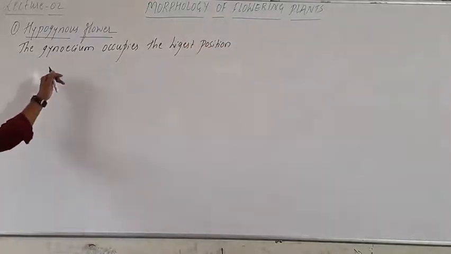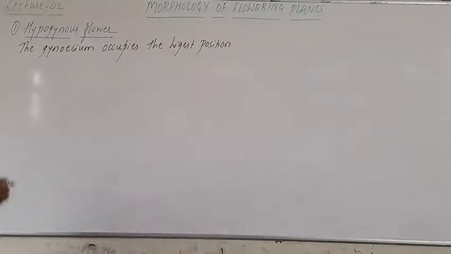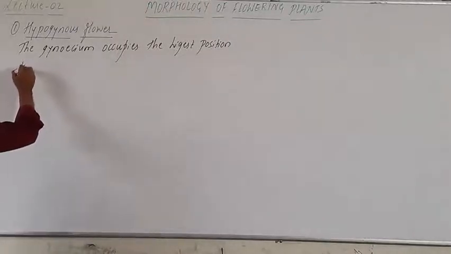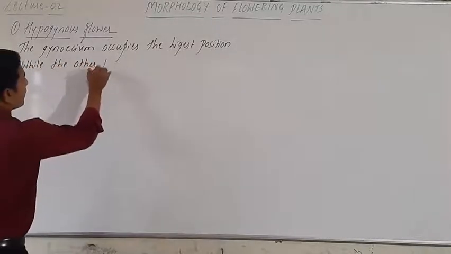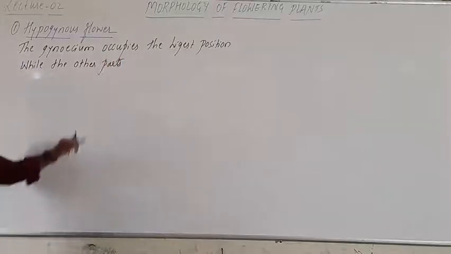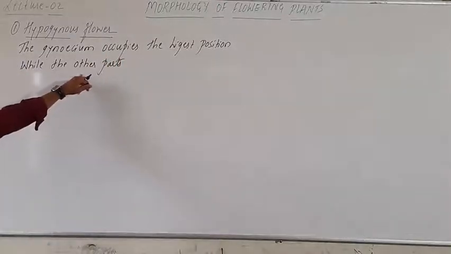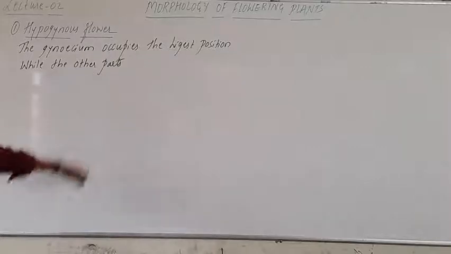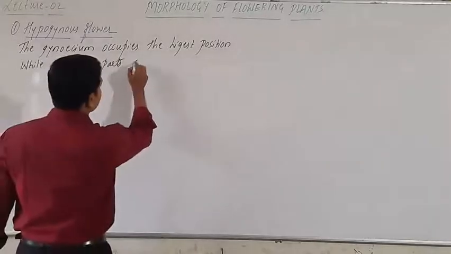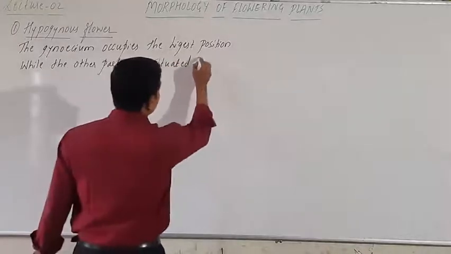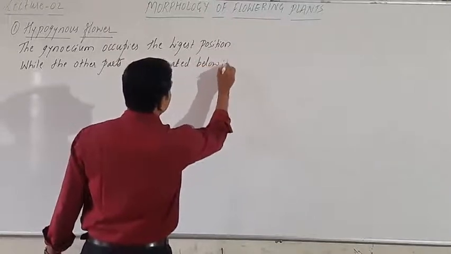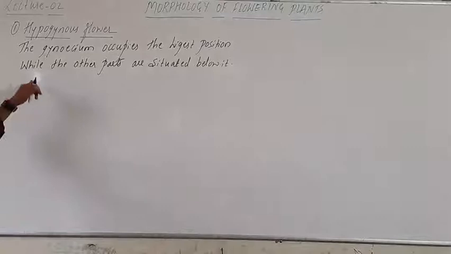So here the gynoecium occupies the highest position, while the other parts, meaning calyx, corolla and stamens, are situated below it. Now, such type of flowers, the ovary in such flowers is called superior.